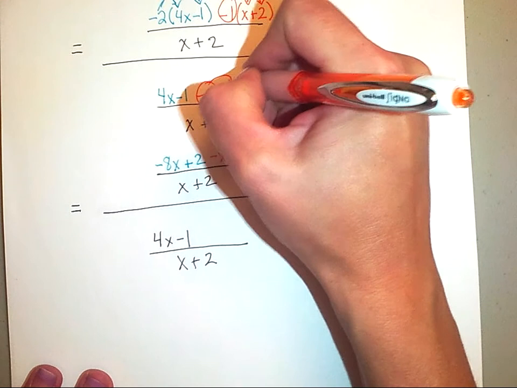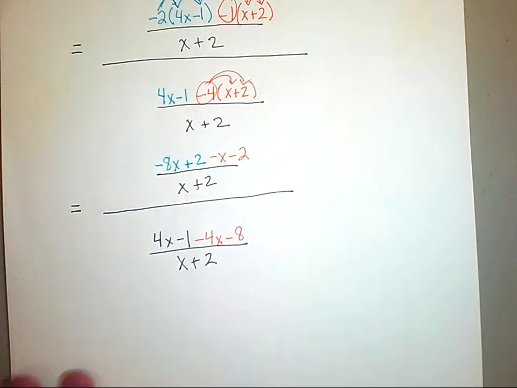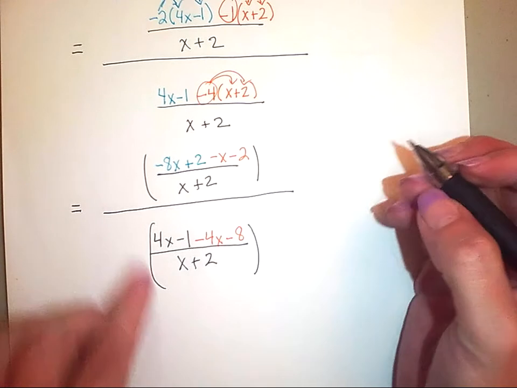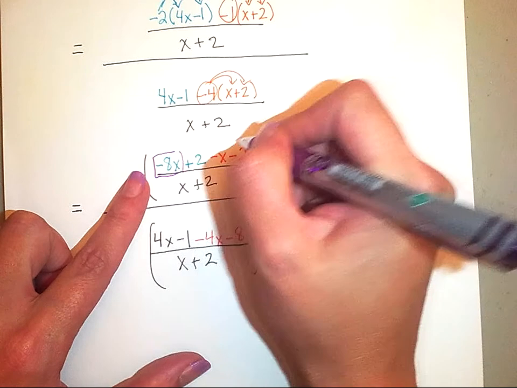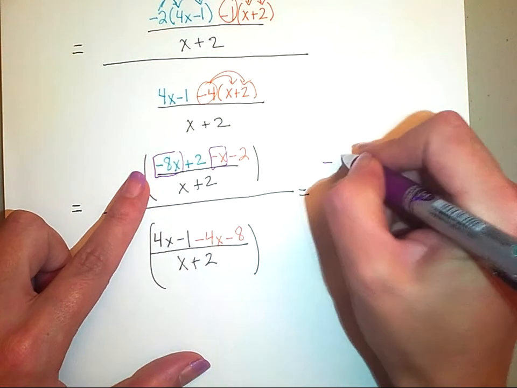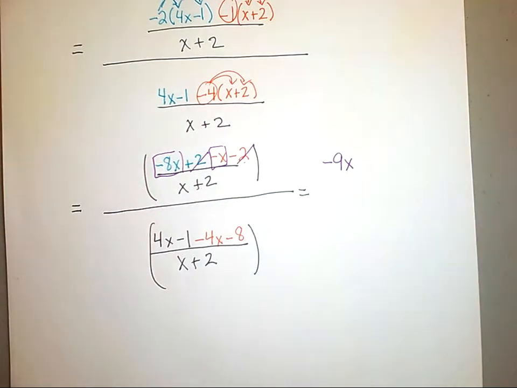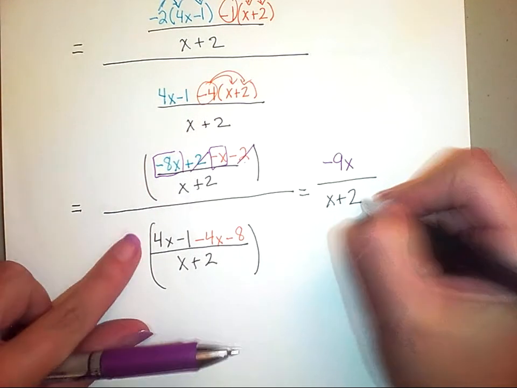But I'll have to distribute this minus 4 through. So minus 4x minus 8. Okay, again we're going to do some dividing. Okay. So simplifying this first one, minus 8x minus another x is minus 9x, and the plus 2 minus 2 is 0. That's over x plus 2.